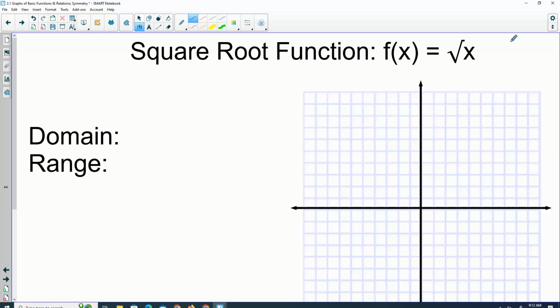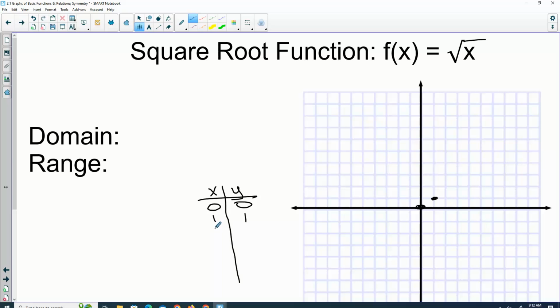Okay, so the square root of x. Again, if I want to graph it, I'm going to make my t-chart. If I put in 0, what is the square root of 0? If I put in 1, what is the square root of 1? Can I do the square root of 2? 3?